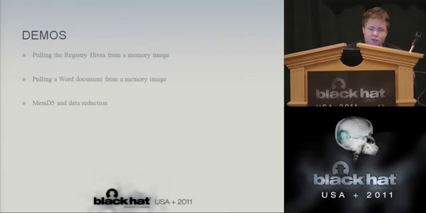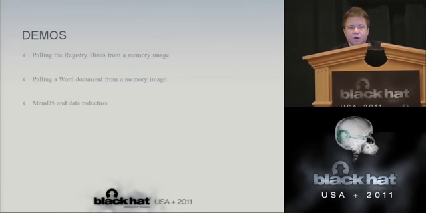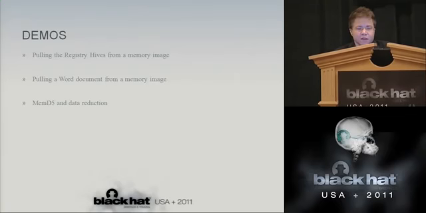So I'll go through some demos. I apologize, I'm going to have to use some canned analysis that we've run, because each demo takes about 6 minutes to run on this laptop that I have today.